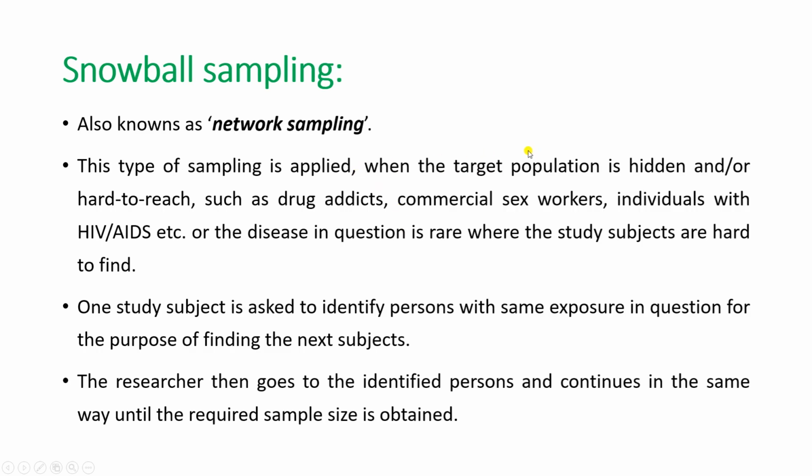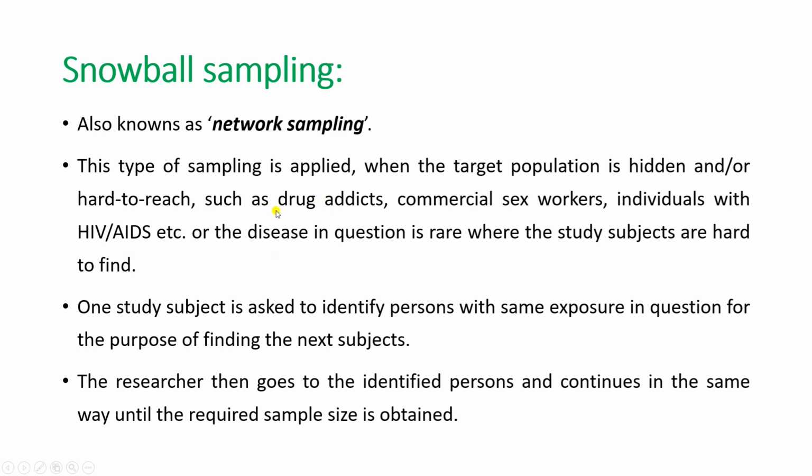What is snowball sampling? Also known as the network sampling. So this type of sampling is applied when the target population is hidden or hard to reach, such as drug addicts, commercial sex workers, individuals with HIV/AIDS, etc., or the disease in question is rare, where the study subjects are hard to find.